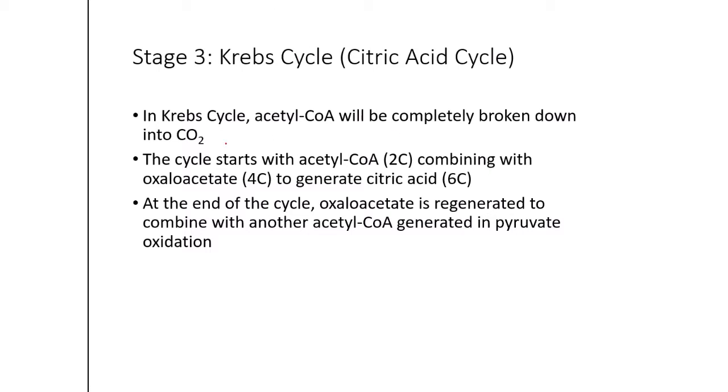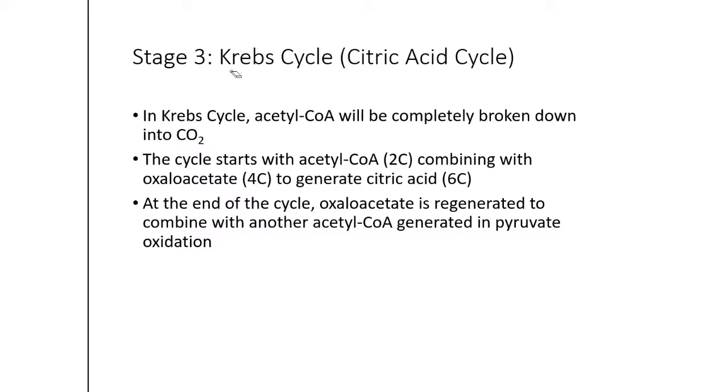So to begin the cycle, we take the acetyl-CoA, which again is a 2-carbon molecule, and it's going to combine with a pre-existing molecule in the matrix called oxaloacetate, which is a 4-carbon molecule. When the acetyl-CoA comes in, it combines with the oxaloacetate, which generates a 6-carbon molecule known as citric acid.